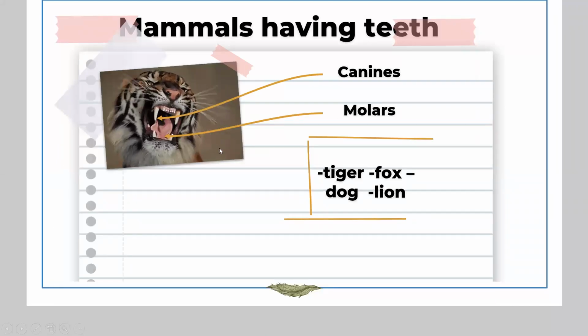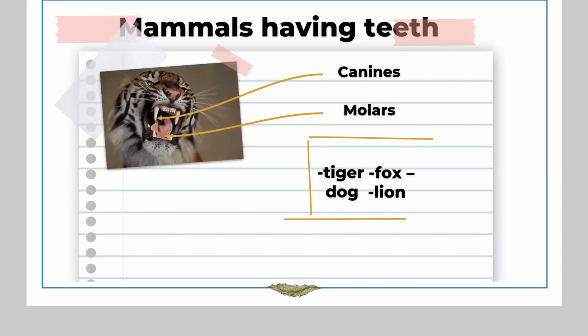Okay, mammals that have teeth. When you think about animals that have teeth, the first thing that will come into your head is a tiger or fox or dog or lion. They have canines and molars. Animals like tiger, fox, dog, and lion have pointed canines and molars with sharp projections.